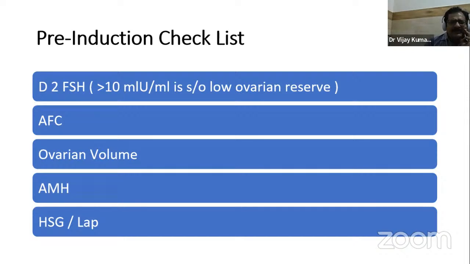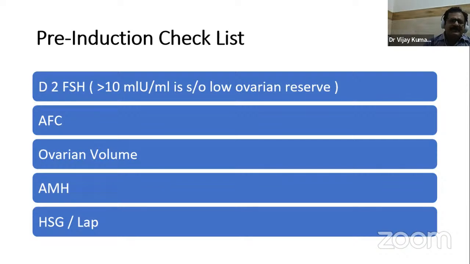The other parameter is the ovarian volume. In the cases of PCOS, the ovarian volume will be more, and in such cases, because of the echogenicity of the ovarian medulla, the increased chances of hyperandrogenism will be there.